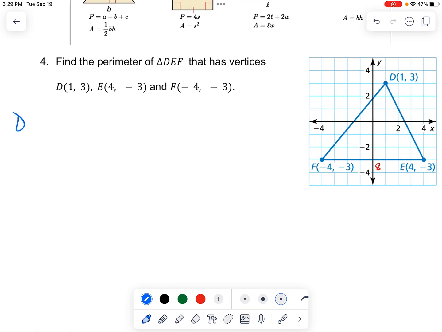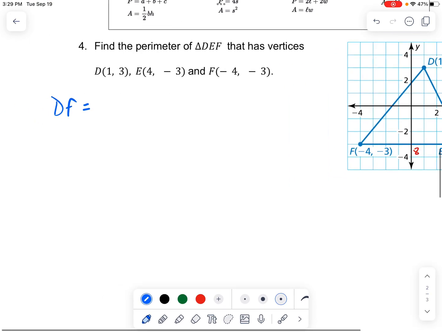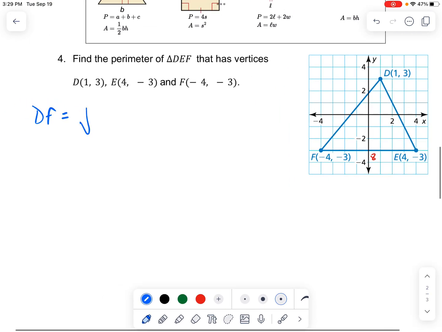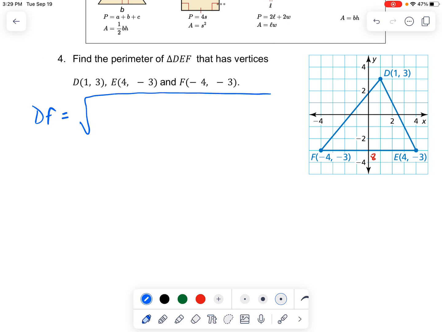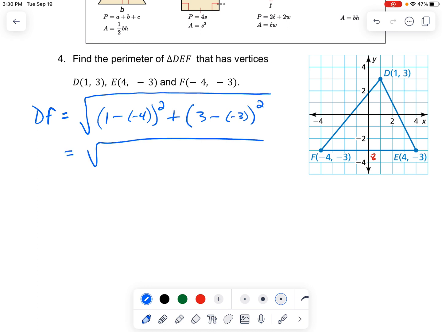So DF, if I've got the square root of x2 minus x1, I've got 1 minus negative 4 squared plus 3 minus negative 3 squared. 1 minus negative 4 is 5. 3 minus negative 3 is 6.